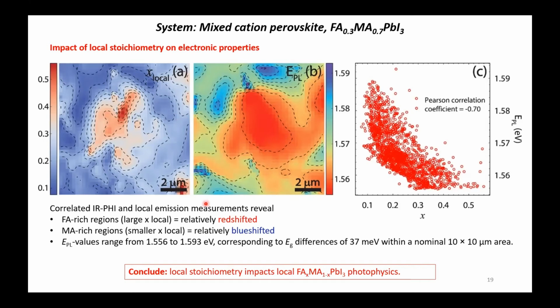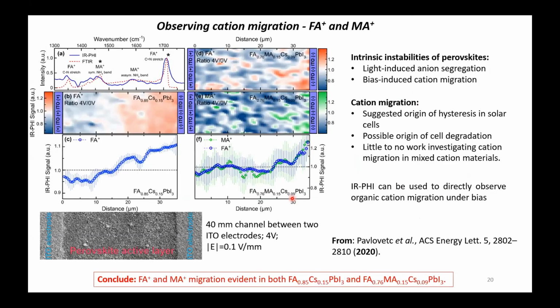This is important from a solar cell perspective because of differences in band gap. Band gap variation translates into differences in open circuit voltages, which means your power conversion efficiencies will be different locally, bottlenecking the performance of such a solar cell.